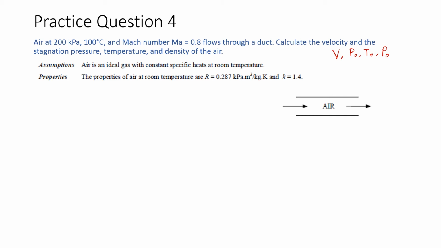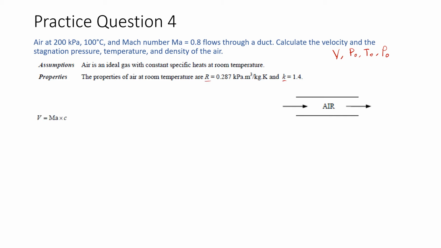You take the values from the property table, you get the gas constant and the specific heat ratio. I've mentioned it before that for air you should have memorized these values by now. We used it a lot in thermodynamics, and here you will see air being used the most. So you can memorize the value of R and K for air.